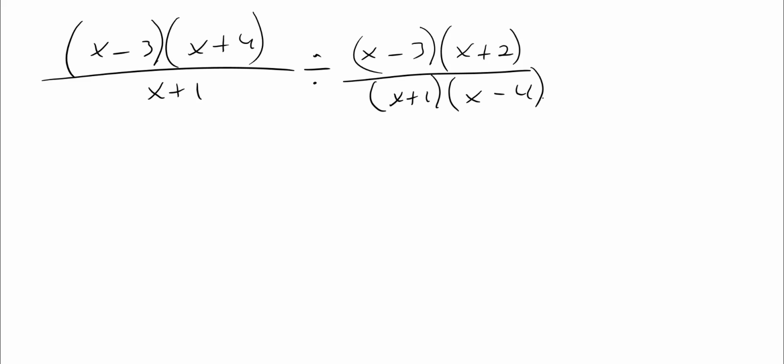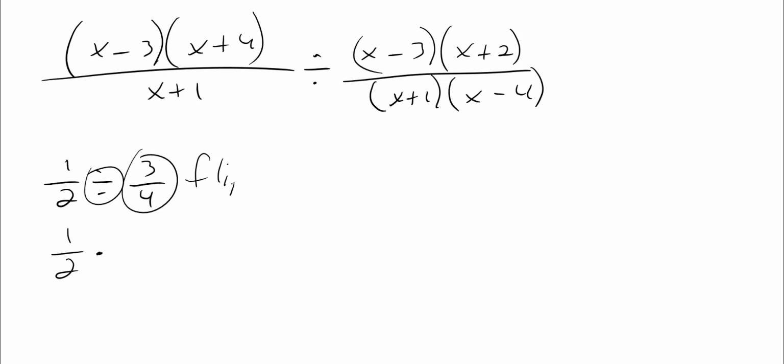If you remember, when you divide fractions, like if I have 1/2 divided by 3/4, you change this to multiplication, so it's 1/2 times, and then you flip the second term. Only the second one, so flip the second term. Got to remember that, guys.